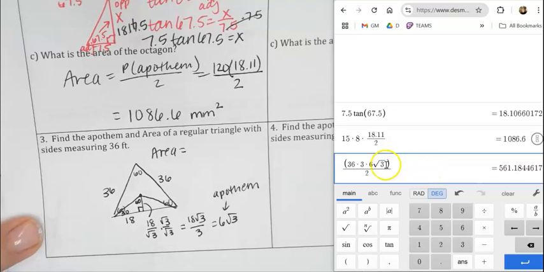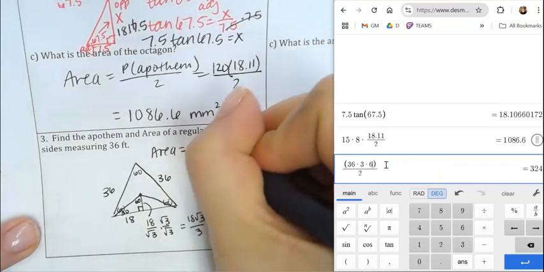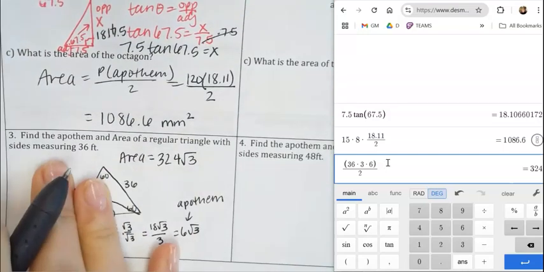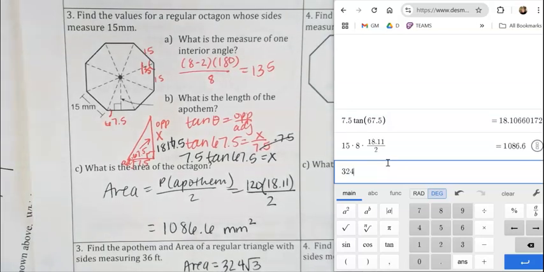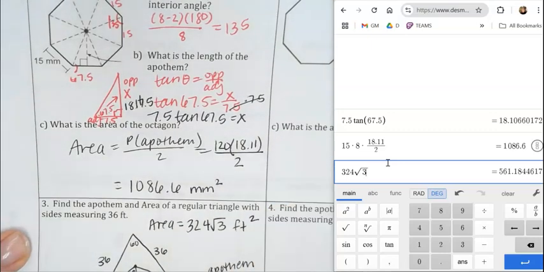Now I'm going to go ahead and leave off my square root of 3 here. So it's going to be 324 times the square root of 3. And you can see if I add back in, if I do 324 square root of 3, it's the same number that we had before, and this is going to be in feet squared.